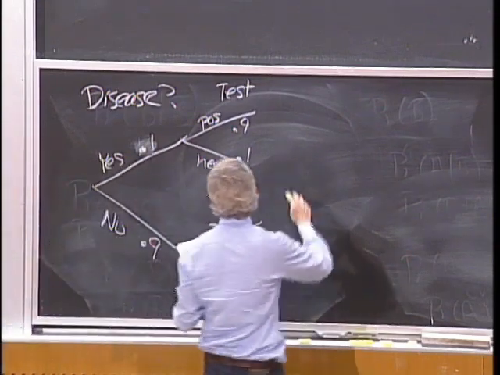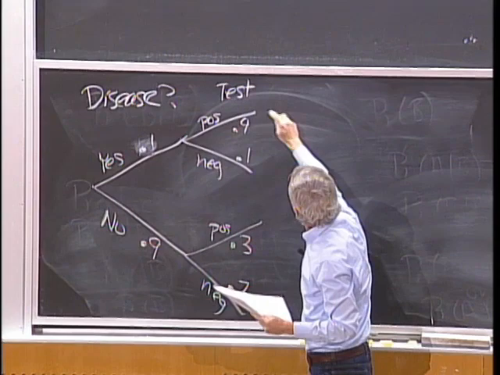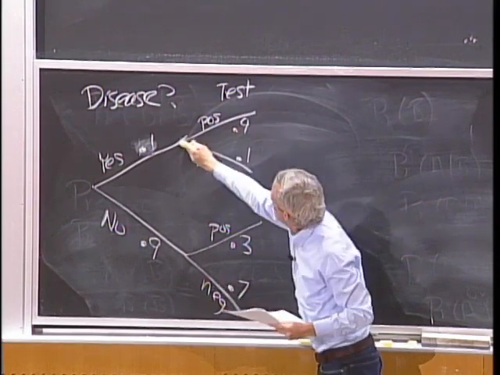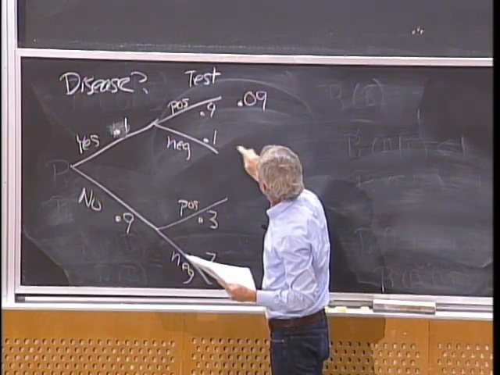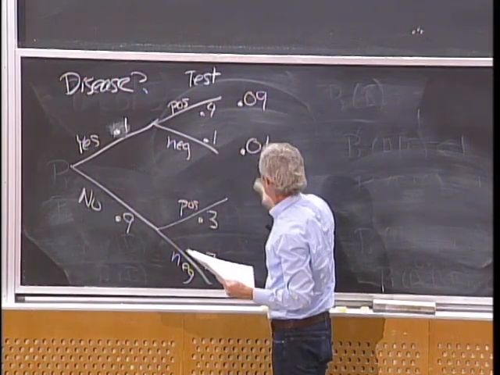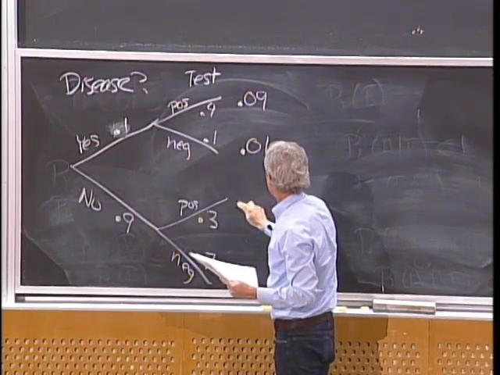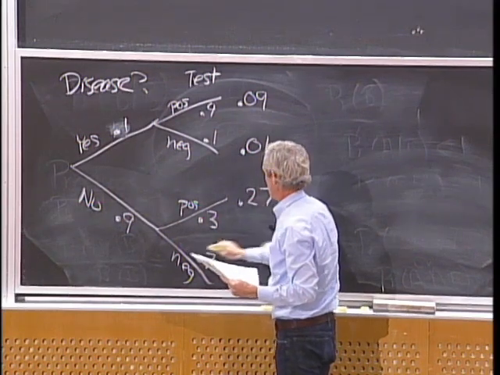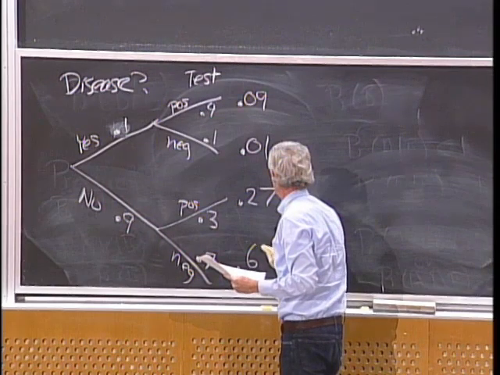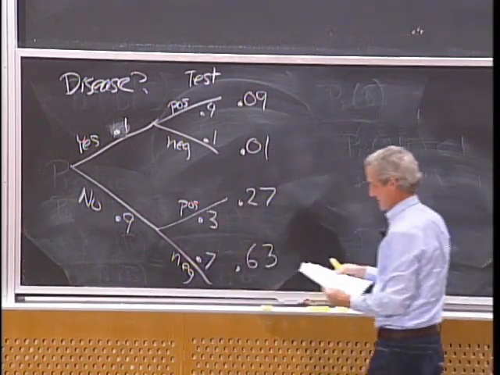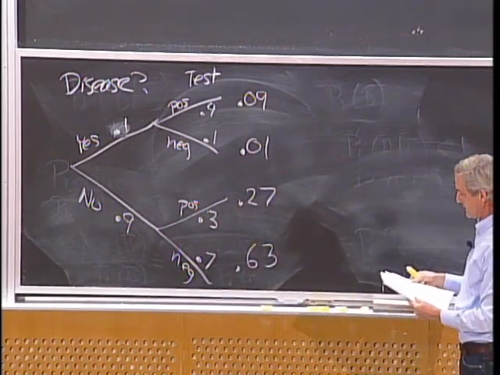Now we can compute each sample point probability. This one is 0.1 times 0.9 is 0.09. 0.1 times 0.1 is 0.01. 0.9 and 0.3 is 0.27. 0.9 and 0.7 is 0.63. All right, so all the sample points are figured out.